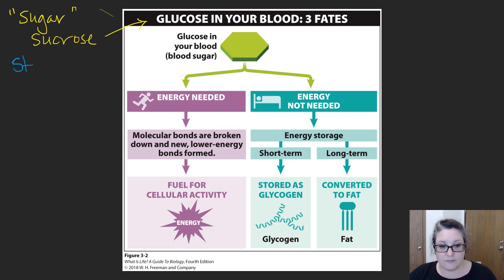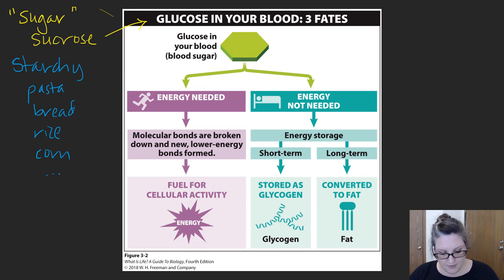So starchy foods like pasta, bread, rice, corn, etc. So if we have too much blood sugar, which is what glucose can be called if it's circulating in the blood, it can be converted into something called glycogen. Here is glycogen. And it's a temporary storage for sugar.